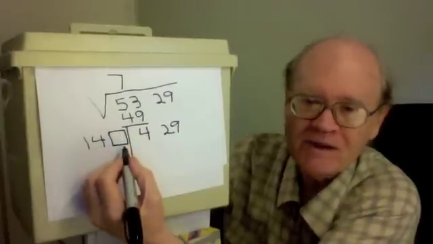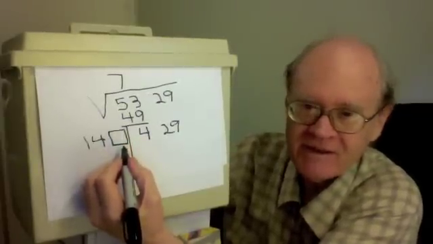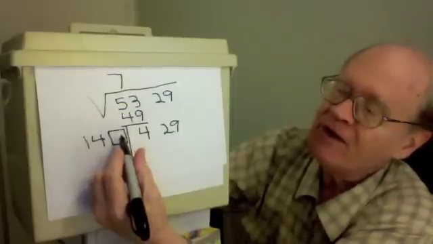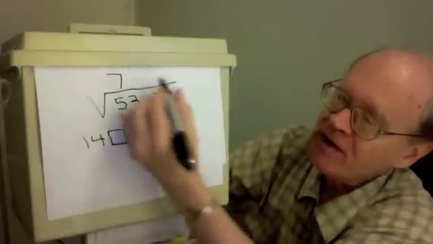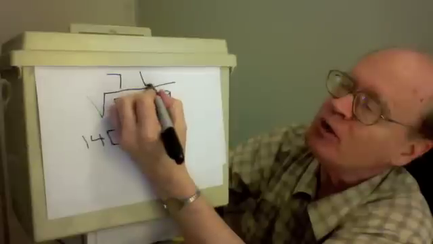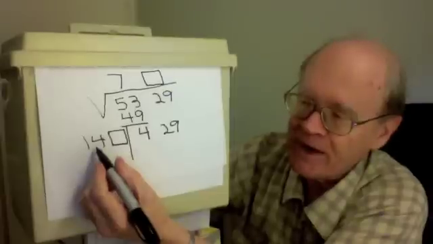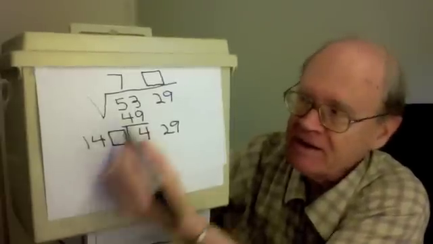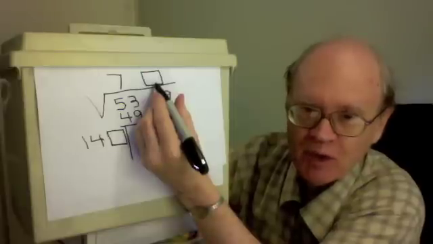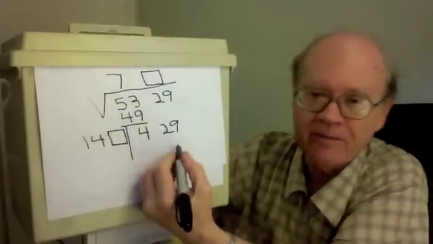and I'm going to do something else mysterious. I'm going to figure out a numeral to go here and put the same numeral here above the 29 so that 140 something times this same numeral will fit here.